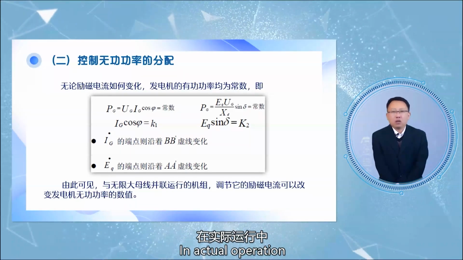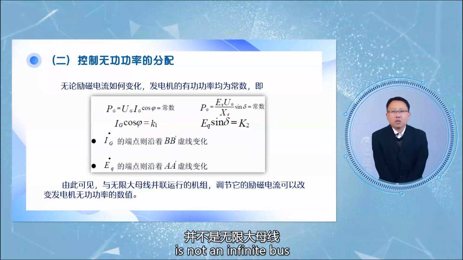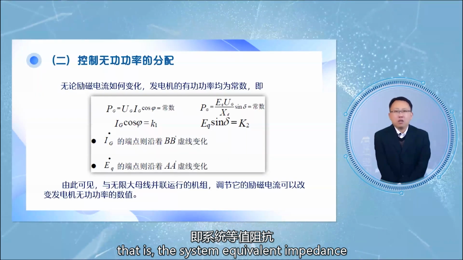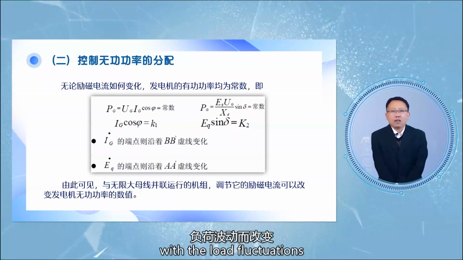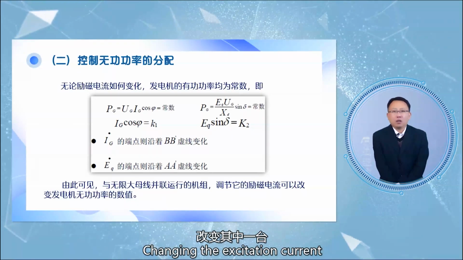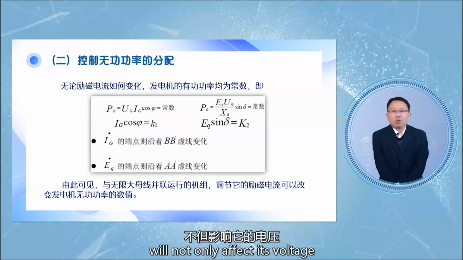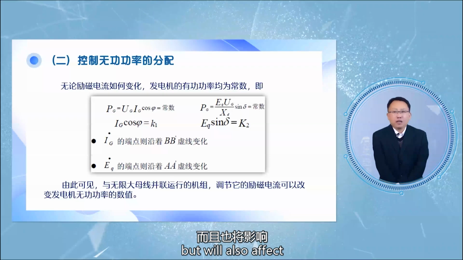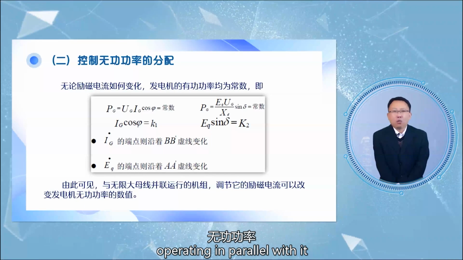In actual operation, the bus operating in parallel with the generator is not an infinite bus. That is, the system equivalent impedance is not equal to zero, and its voltage will change with the load fluctuations. Changing the excitation current of one of the generators will not only affect its voltage and reactive power, but will also affect the reactive power of the units operating in parallel with it.